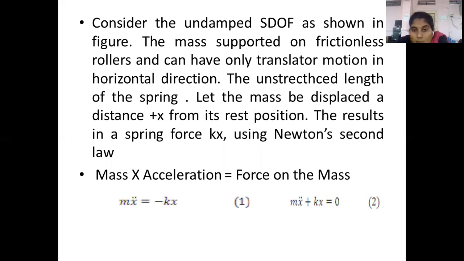Full stop. The mass is supported on frictionless rollers and can have only translatory motion in the horizontal direction.